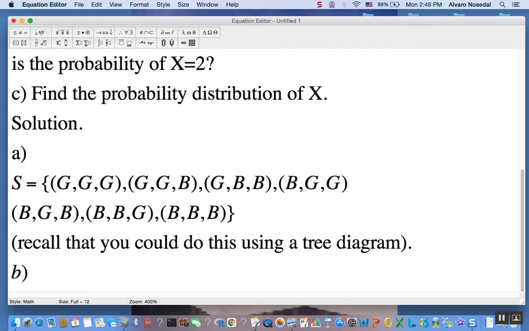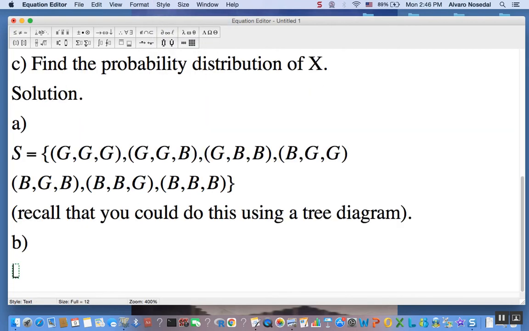So we are going to write down the event X equals 2 in terms of the original sequences.